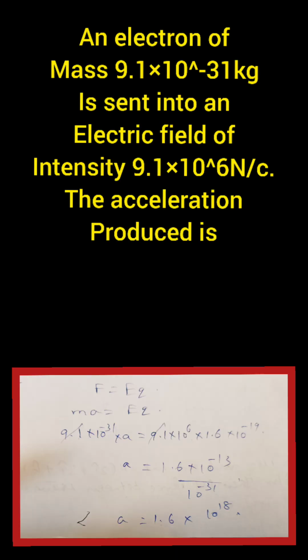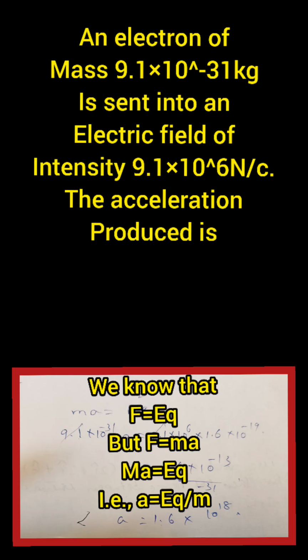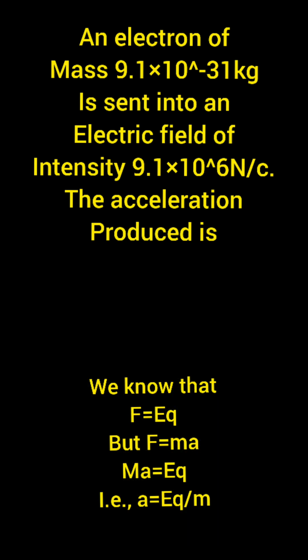An electron of mass 9.1 into 10 power minus 31 kg is sent into an electric field of intensity 9.1 into 10 power 6 Newton per coulomb. The acceleration produced is. From the definition of electric field strength or electric field intensity, E is equal to F by q, F is equal to Eq. But according to Newton's second law, F is equal to ma.